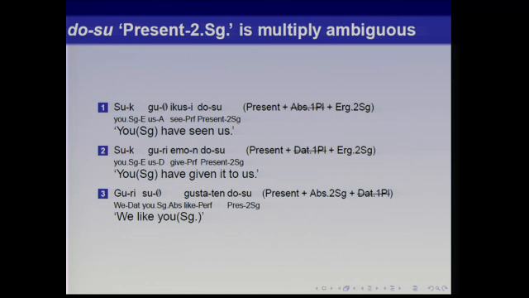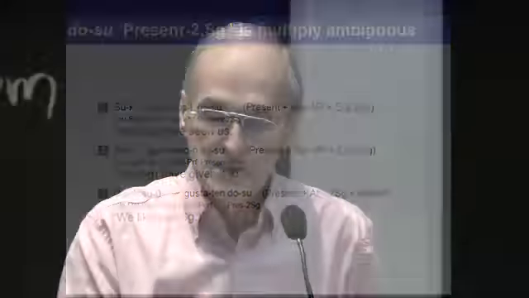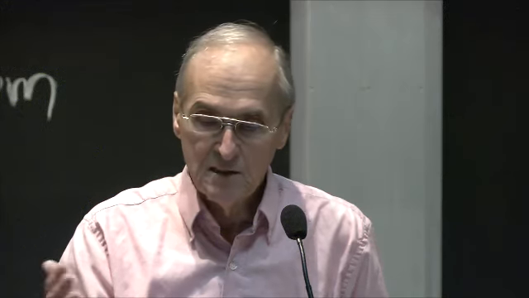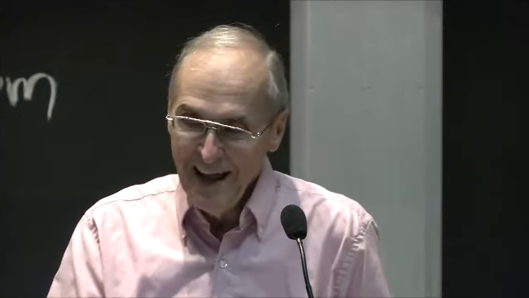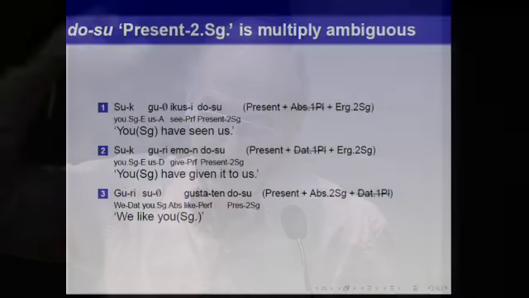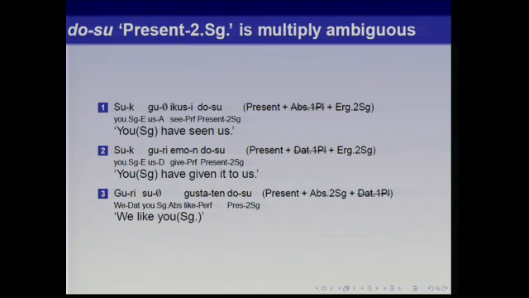The dosu here can represent the clitic complex in the sentence, you have seen us, you have given it to us, and we like you, where in each case, as the strikeout shows, you've deleted the first plural element.